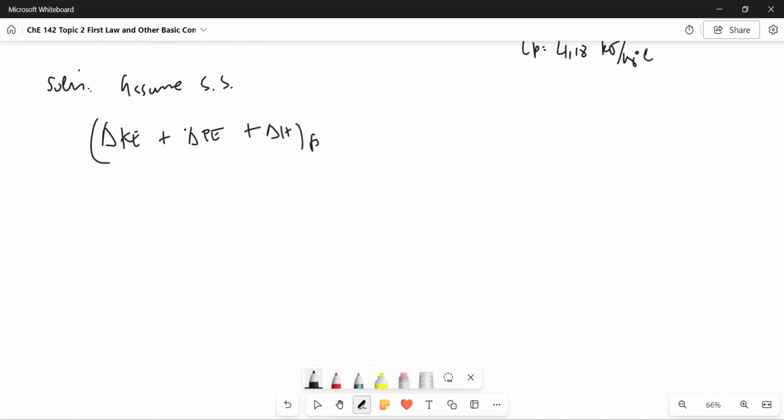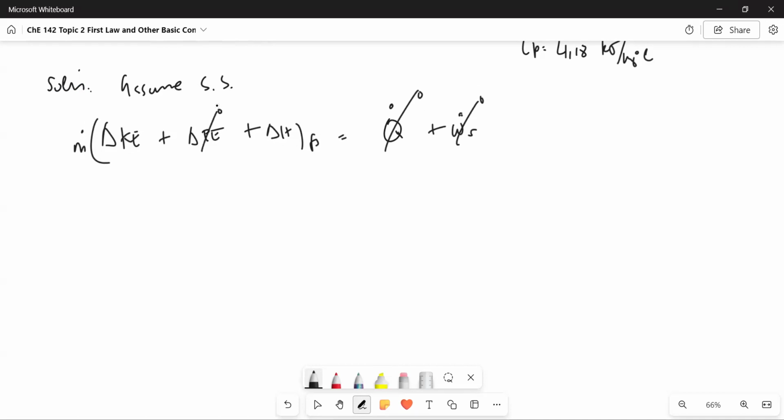A flowing stream times the mass flow rate equals Q plus W. So from the problem, those are 0. Okay, what else can we take as 0?